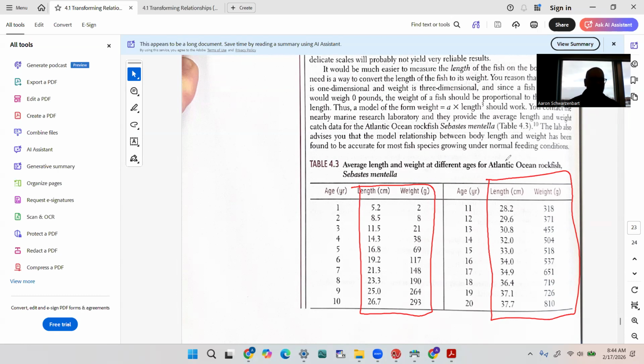Just measure it on the length. Why, if you're just going to convert length to weight anyways? But maybe there's more prizes for the weight. Weight grows in three dimensions. So notice this weight is going up a lot more than this length.